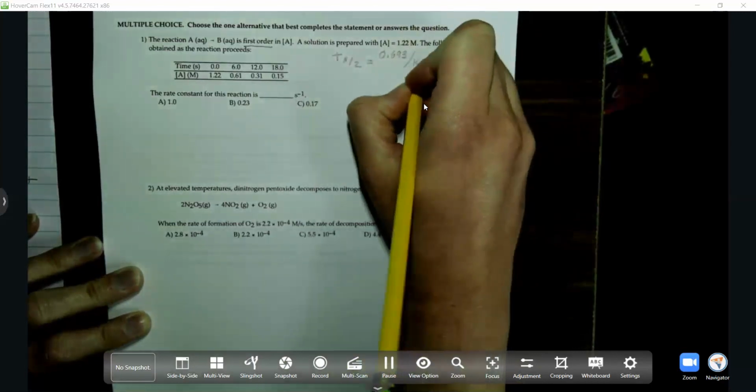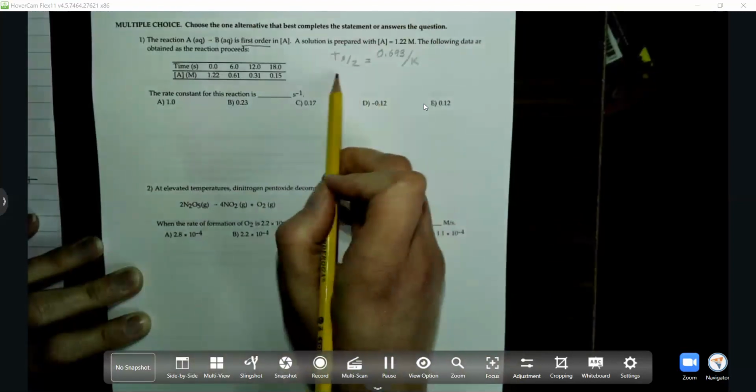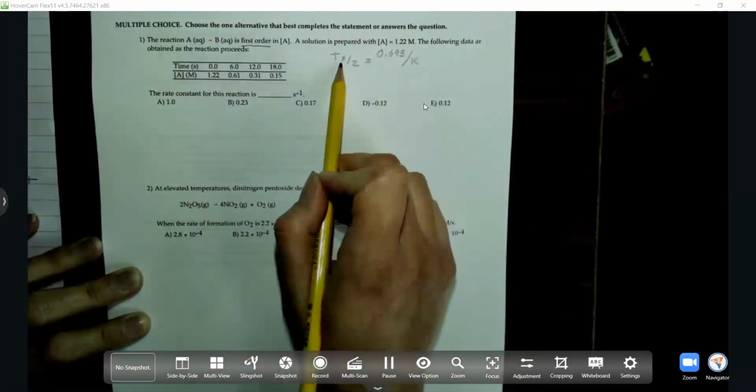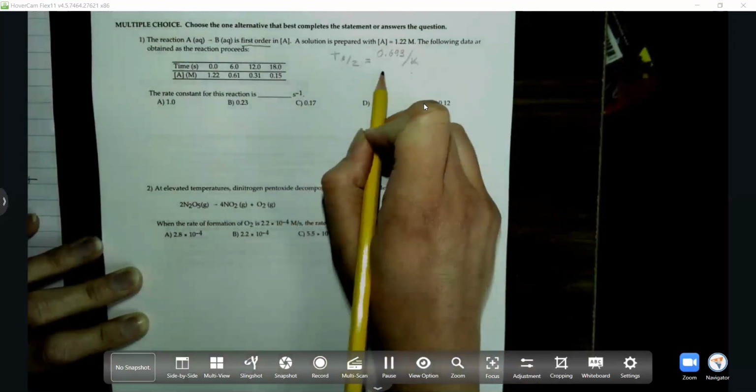So T1/2 for a first order reaction is 0.693 divided by K. Okay, so this is an important relationship between the half-life and the K. So this is given on your formula sheet, but you need to know when to use it. You use it when there's a first order reaction.